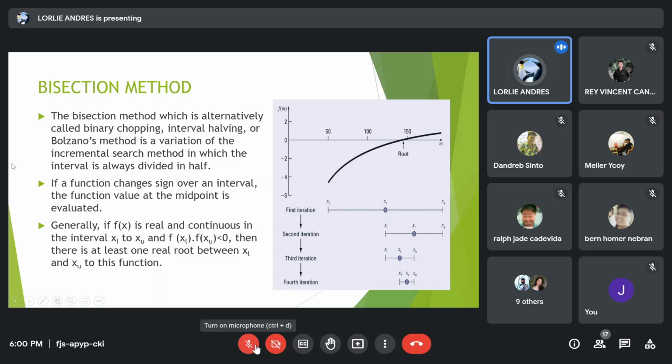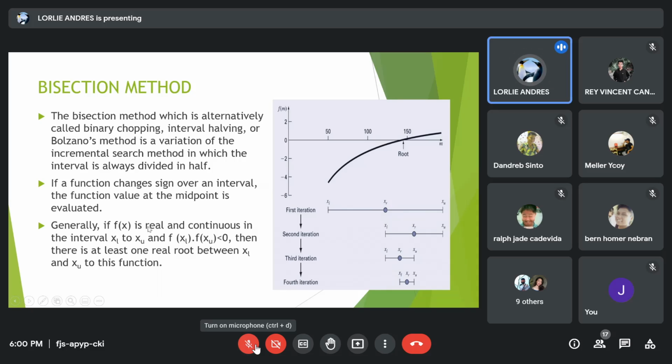That is why it is called binary chopping, interval halving, or Bolzano's method, because it takes the half of the sum of your initial guess values. And then if the function changes sign over an interval, the function value at the midpoint is evaluated.